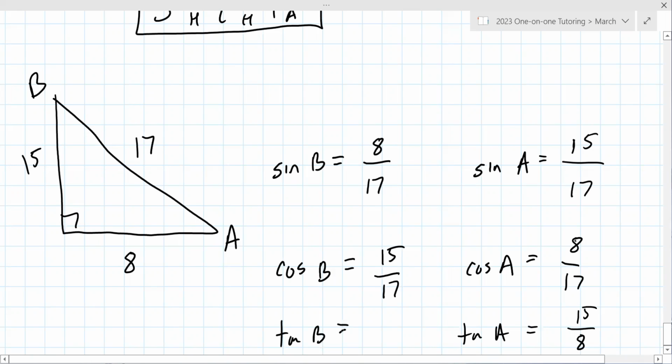It would be 8/7. Wait, no, hold on, 8 over 15, sorry. Now, is that there on the right? Nope. It kind of isn't, right? It's flipped, but it's not the same. So there is this relationship between sine and cosine that you might see here.